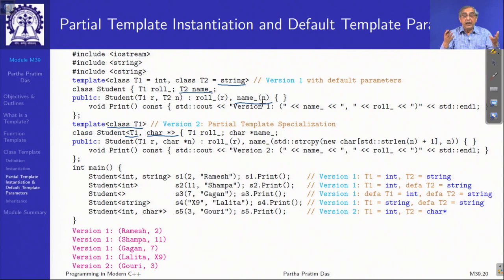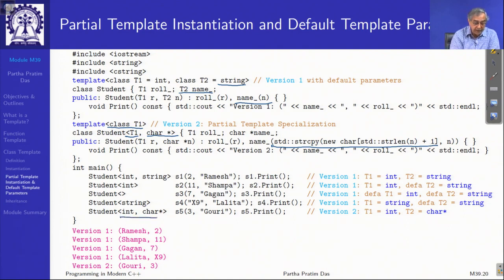So, it will do a shallow copy, it will not be able to do the deep copy. So, I have to have a separate specialization for this template to deal with the second type parameter being char star. And if that is done, then I need to do all this allocation for that string, and then in that allocated area I need to copy the value. What I am doing here is necessarily a deep copy, which is specifically required for char star only, right.